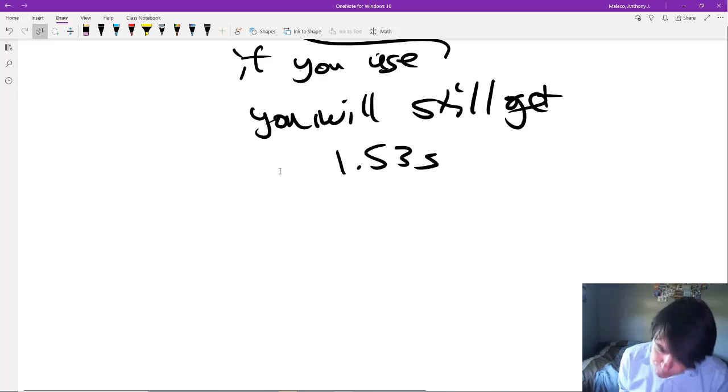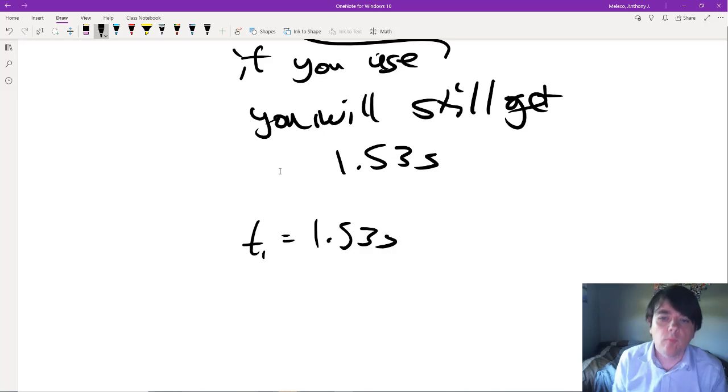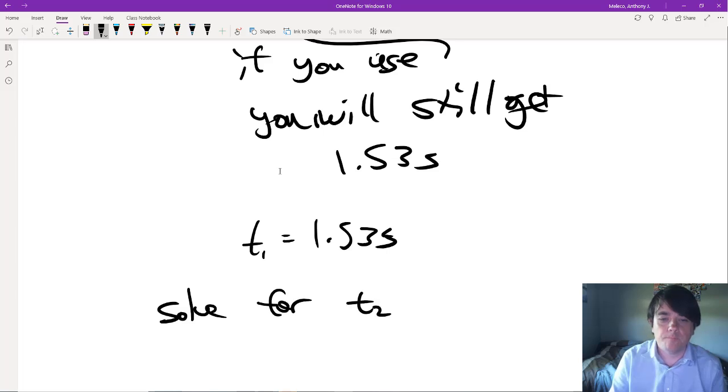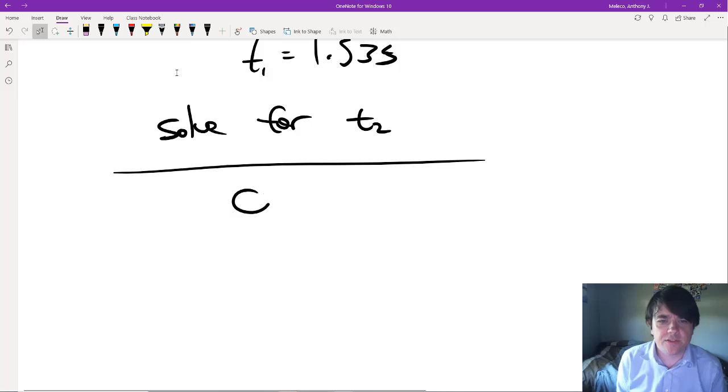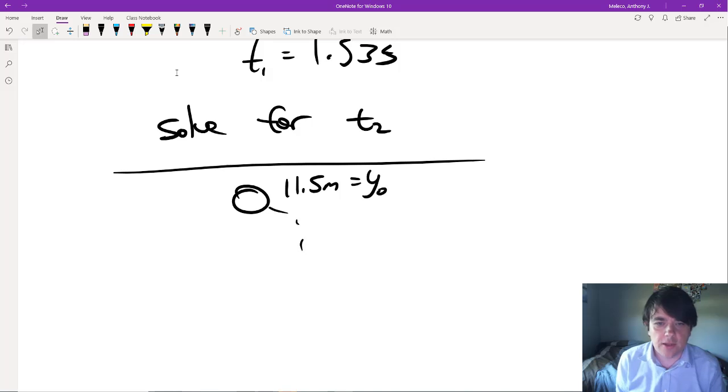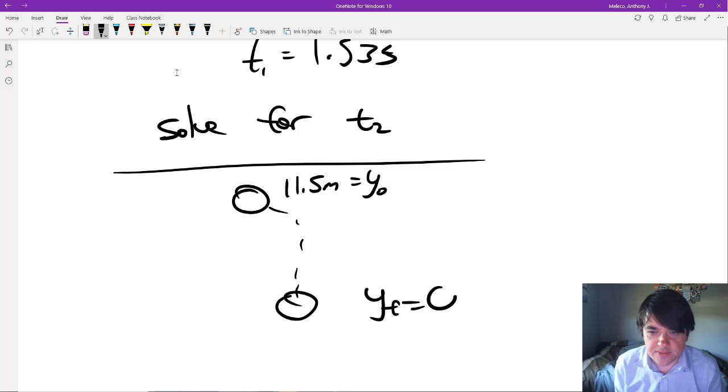Okay? So, now that we've solved for T1, let's solve for T2. So, here's our situation. We start here. 11.5 meters is our y initial. Now, we need to completely do a new frame of reference. Our y final is back at 0.